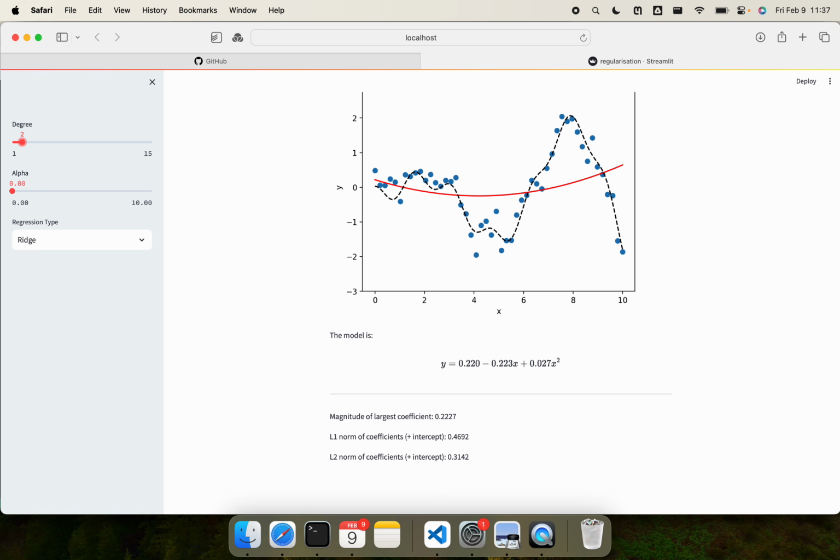Yes, what else do we observe as we increase the complexity? It tries to make the curve not really convex, and we'll come into the definition of convexity if we have time. But it's fitting the data points better. That is one obvious thing that we see. What else do we see in this plot?